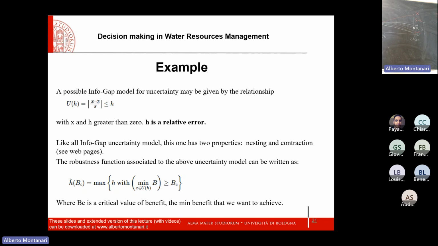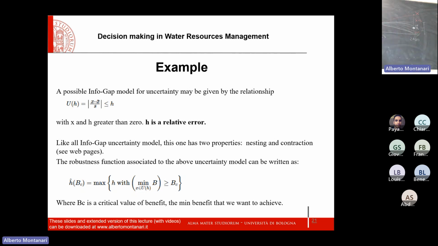The future true value of X. Typically, you set a critical value of X, and you say, basically, in order to ensure sustainability, I can't sustain a value of X lower than, say, XC, the critical value.